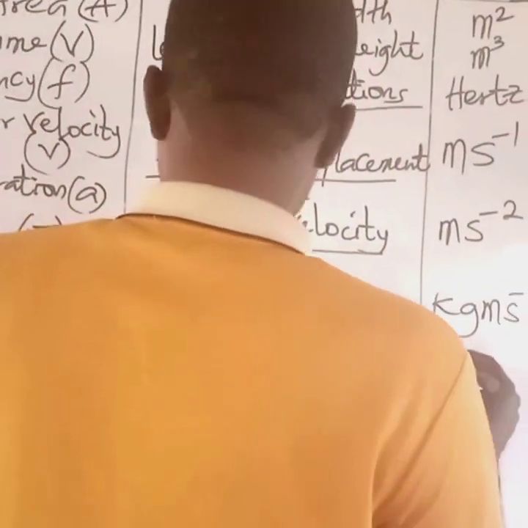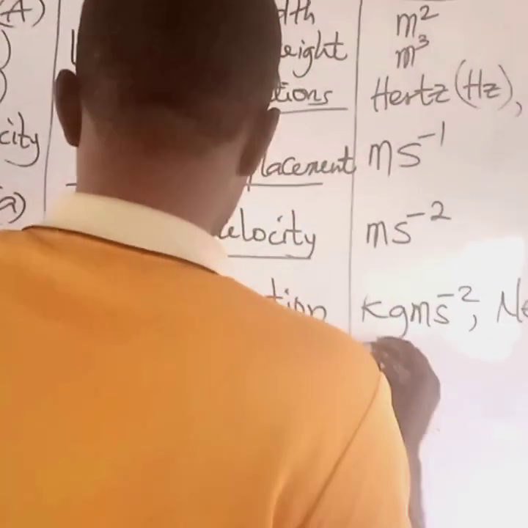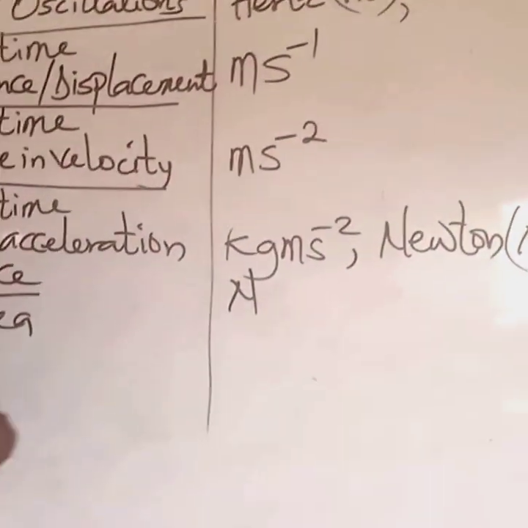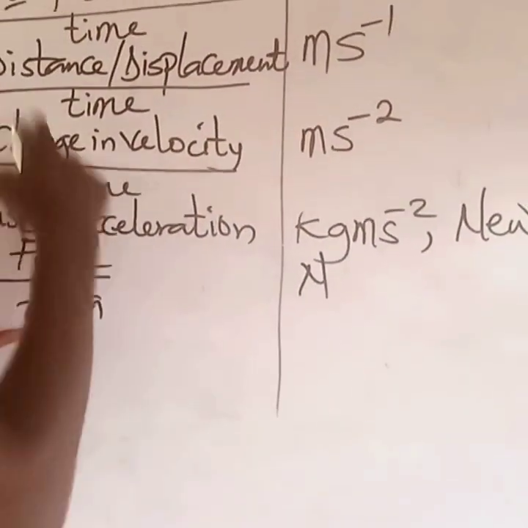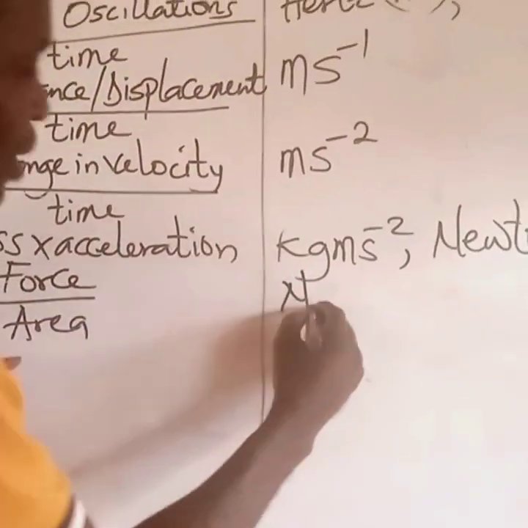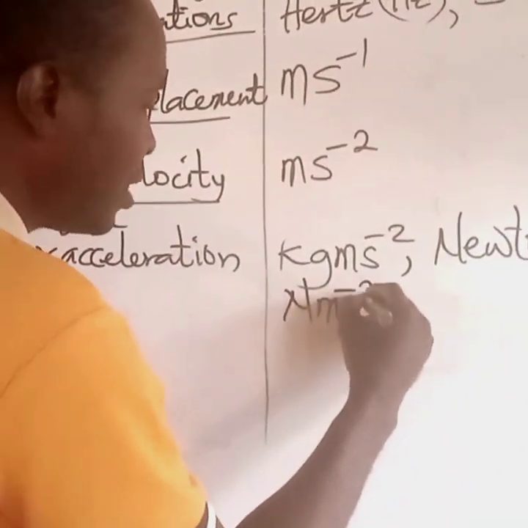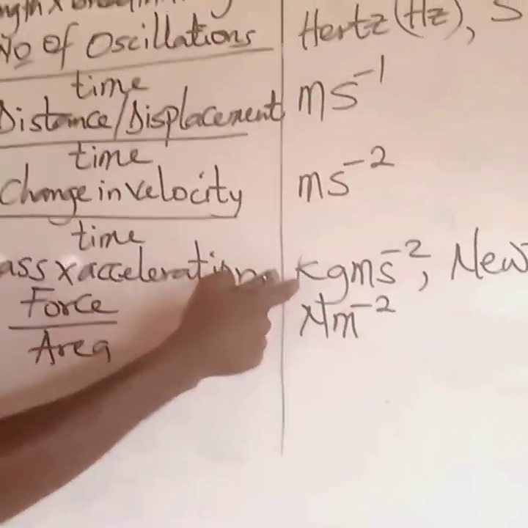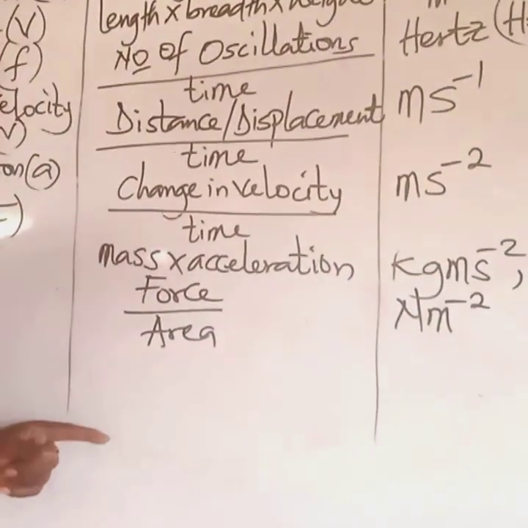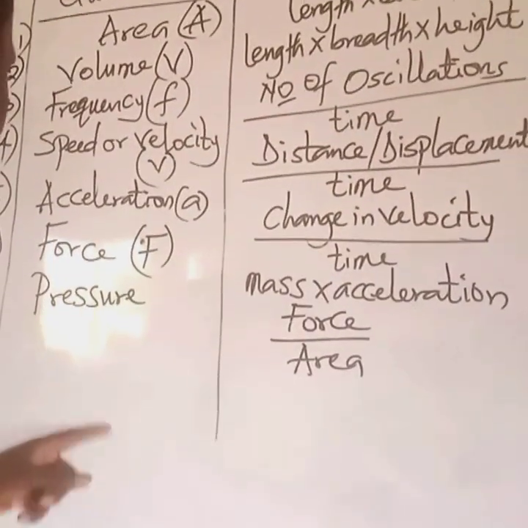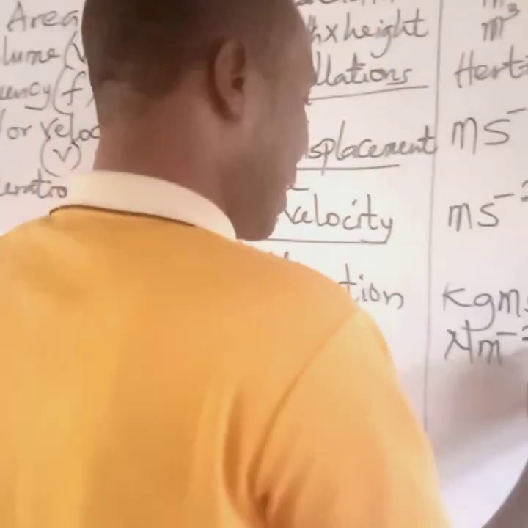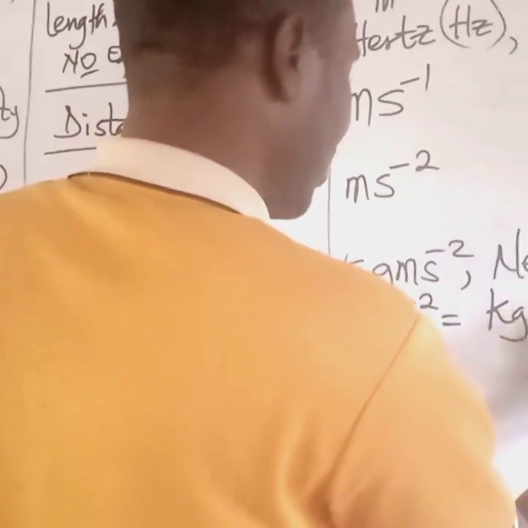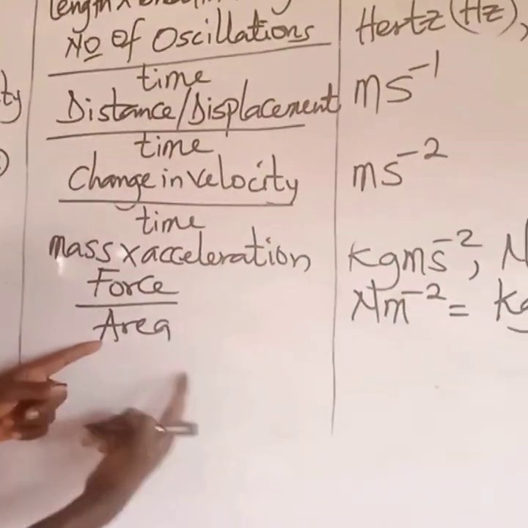If you want to write the unit, we have written the unit of force here, which is Newton. Newton over meter square, since area is in meter square. So we can say Newton per meter square. Or you can write it in terms of kilogram meter per second square for force, over meter square.